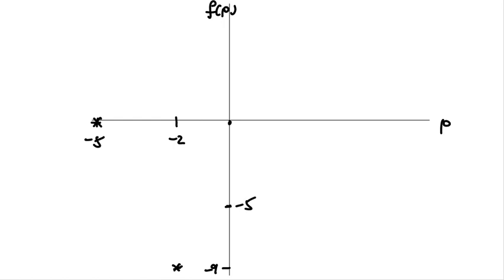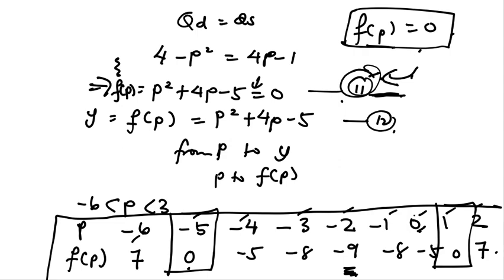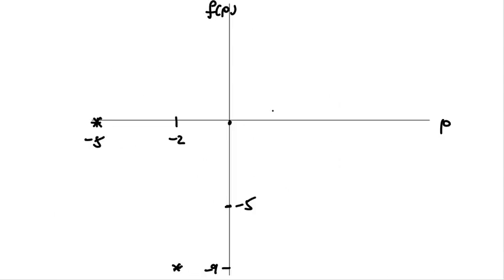And FP equals 0, like I said to you, at minus 5 and 1. So let's say we have 1 somewhere here.